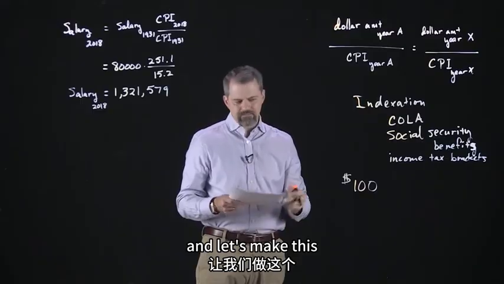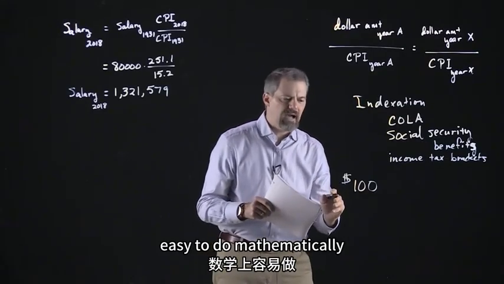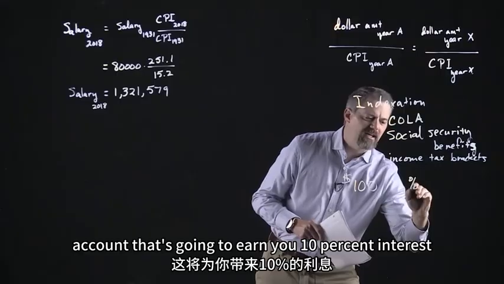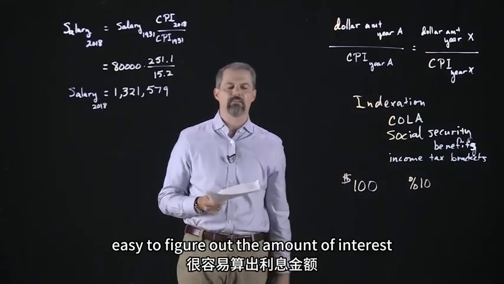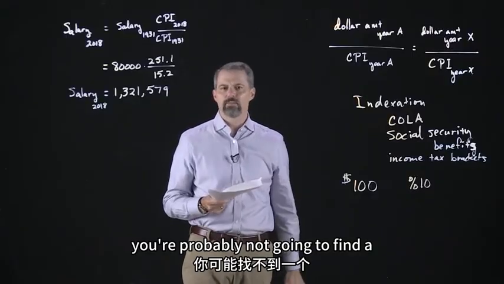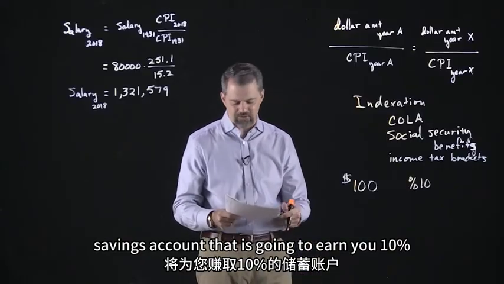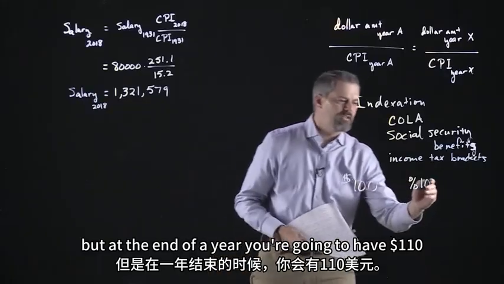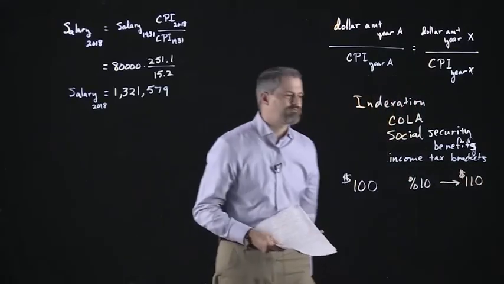And let's make this easy to do mathematically: suppose it earns you 10% interest. That makes it easy to figure out the amount of interest. You're probably not going to find a savings account that is going to earn you 10%. But at the end of a year, you're going to have $110.